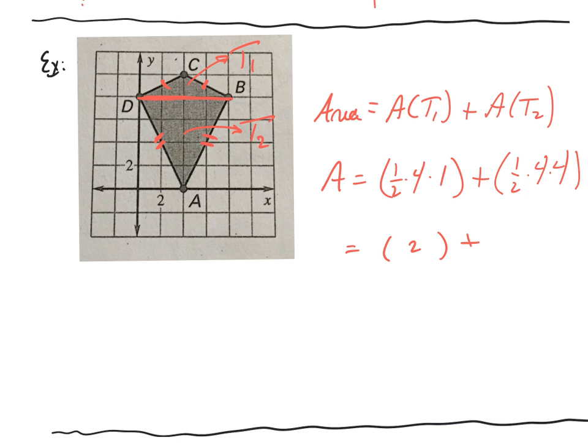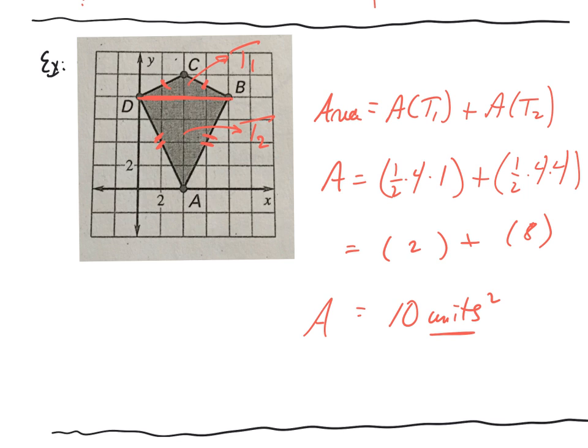And when we do the computation, 1/2 times 4 times 4 is 8. So just simply adding the area of the top plus the area of the bottom, 2 plus 8 is 10. So the area of this whole shape then is going to be 10 square units. Now when we're not given inches, centimeters, feet, whatever, we just use the generic label units.